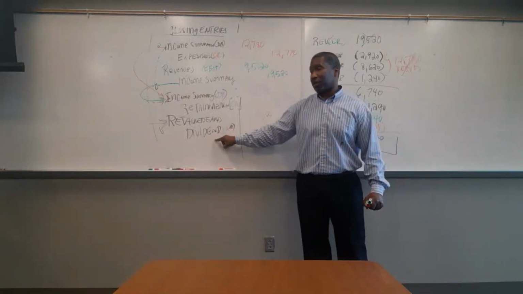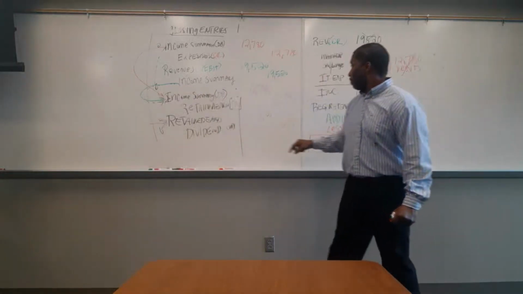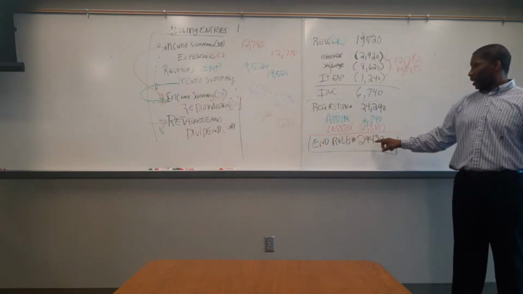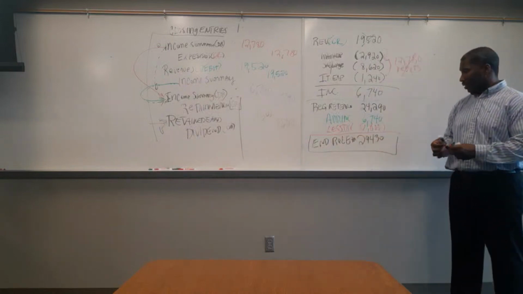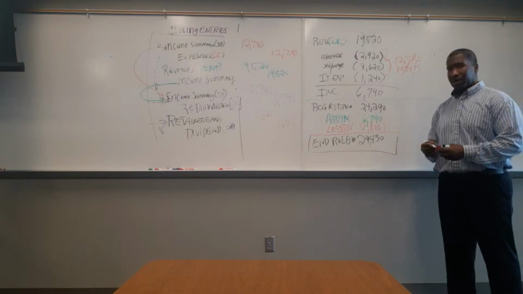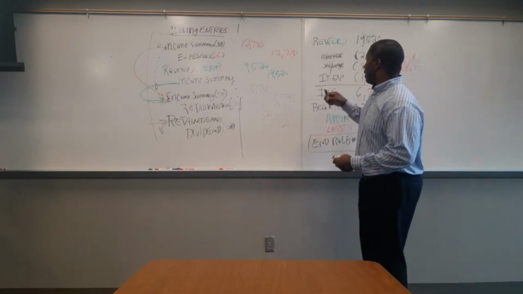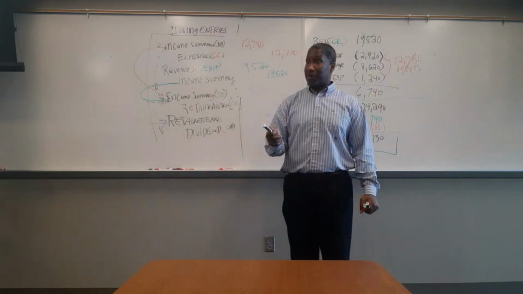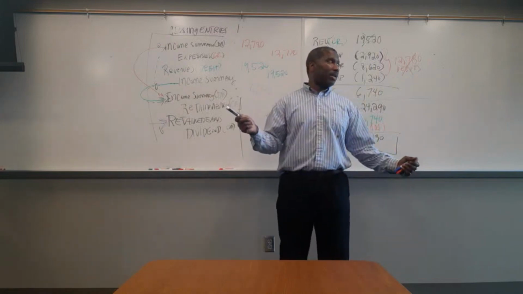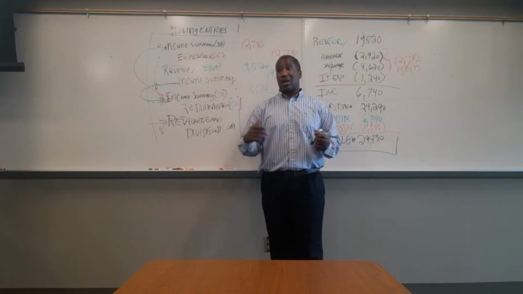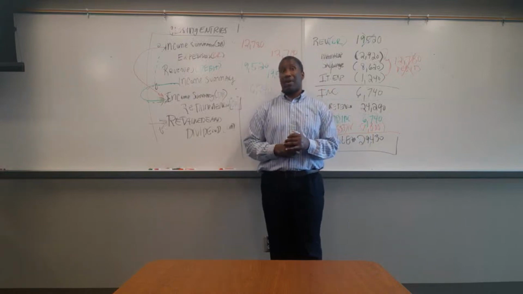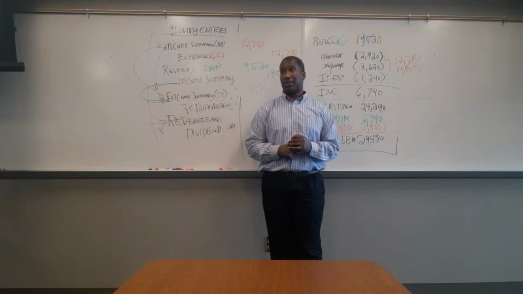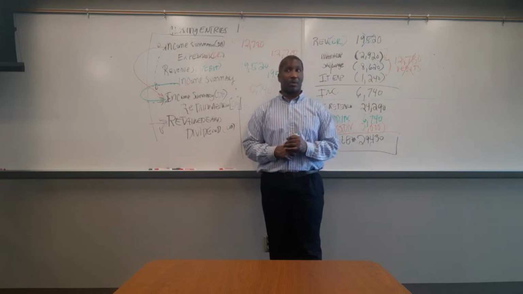That's the journal entry. Once I did all of that, then I knew that I have an ending balance of $29,430 retained earnings. And as a result, I know that this is going to go in the equity section. This increased my equity. And now I've completed that section of the balance sheet basically until we get to the part where we talk about owner's equity. Any questions? All right.